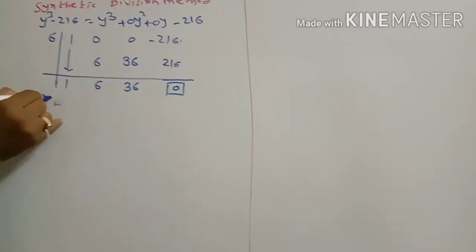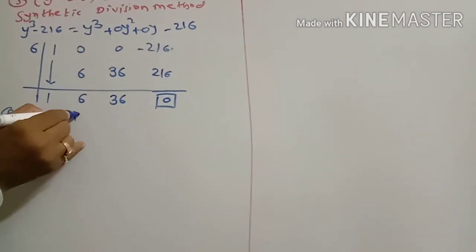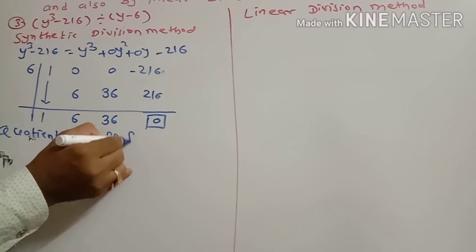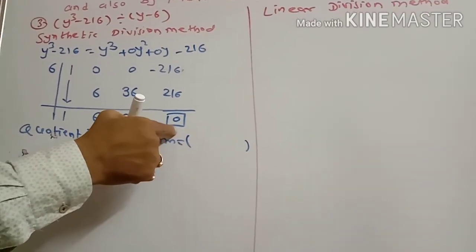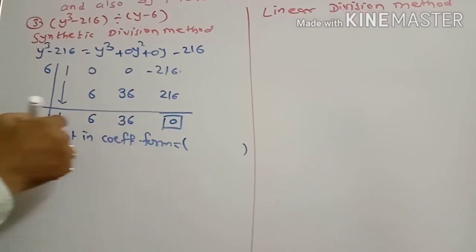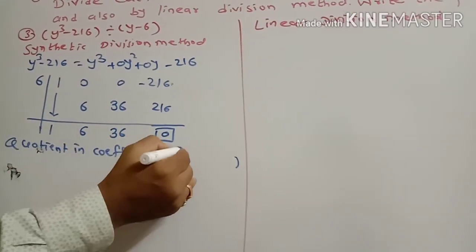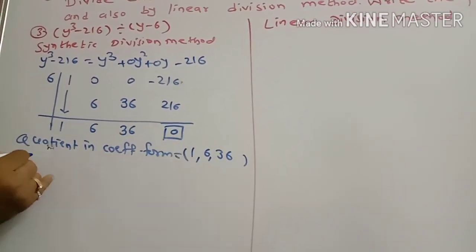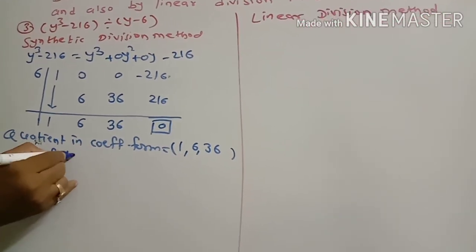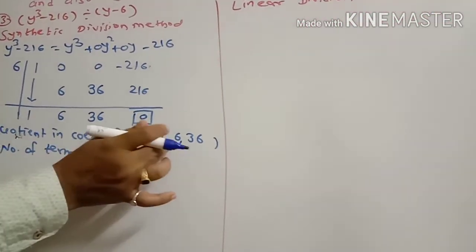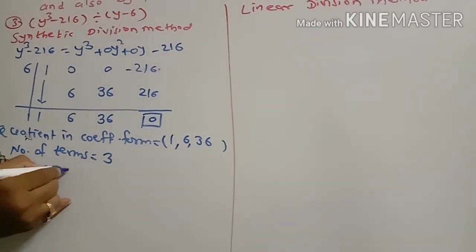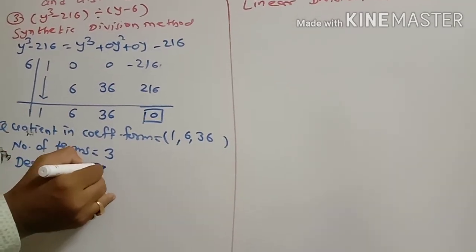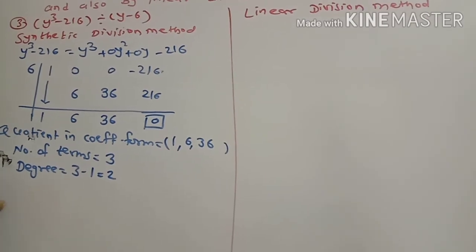Then the quotient in coefficient form. Write the coefficients excluding the last term, that is the remainder. Coefficients are 1, 6 and 36. Then the number of terms is 1, 2, 3. Now degree is the number of terms minus 1, 3 minus 1, that is 2.